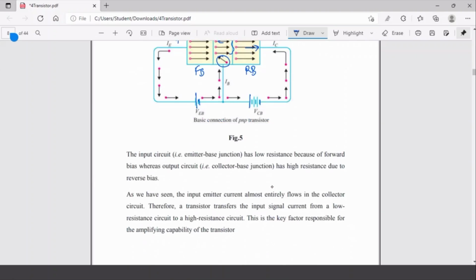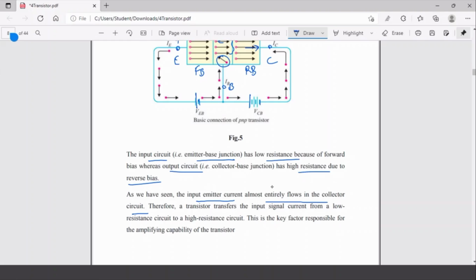Now, the input circuit, that is the base emitter. This is the emitter, this is the base, and this is the collector, right? The base emitter junction has low resistance because of this forward bias, whereas this has high resistance due to reverse bias, as we have already seen. And this input current, which is the emitter current, is flowing entirely through the collector.